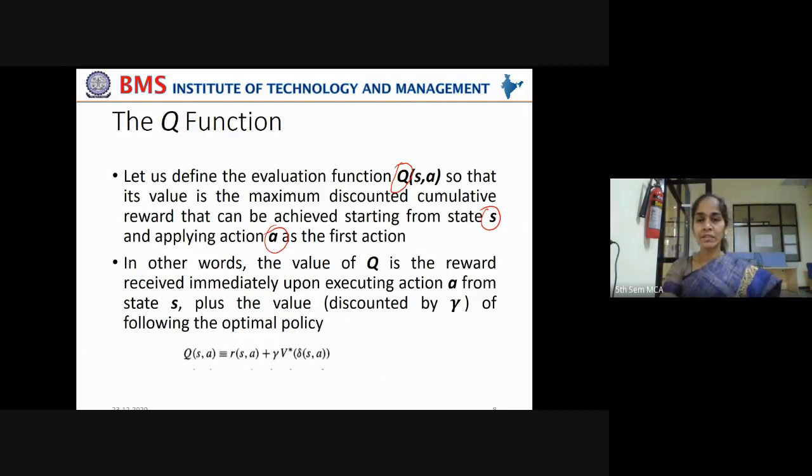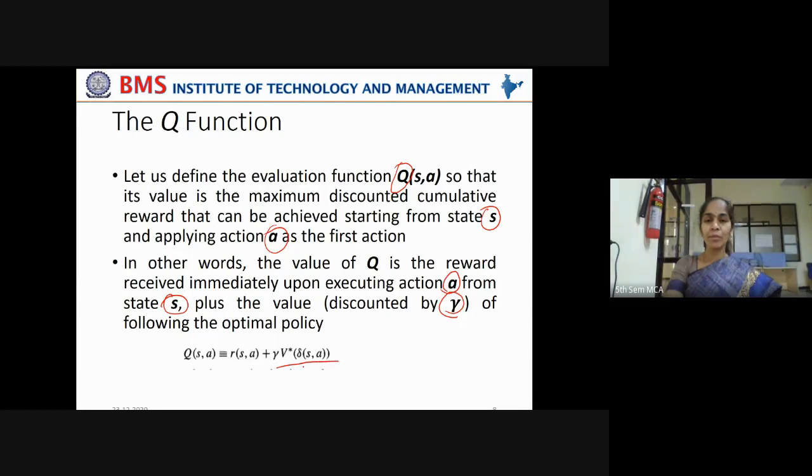In other words, the value of Q is the reward which can be received immediately by taking an action from a particular state, upon executing action A from state S, plus the discounting factor, the delay in the rewards of following, plus the value of following the optimal policy.